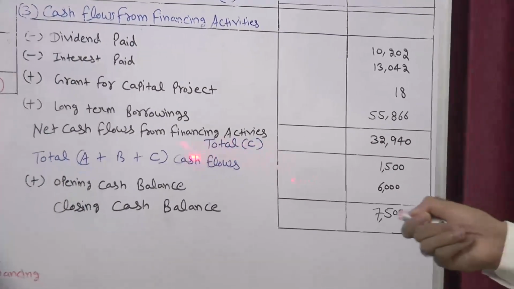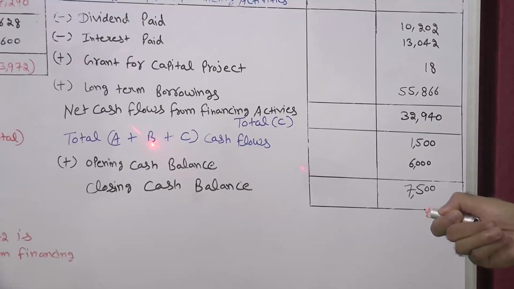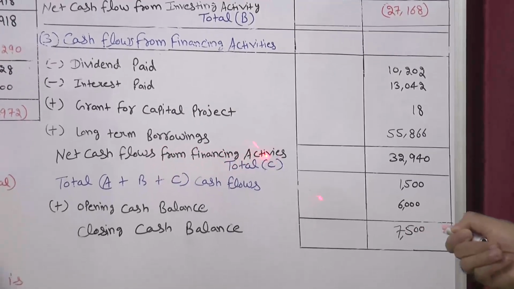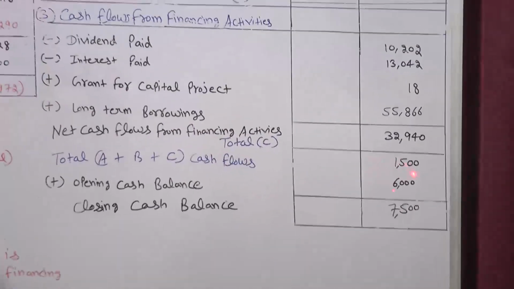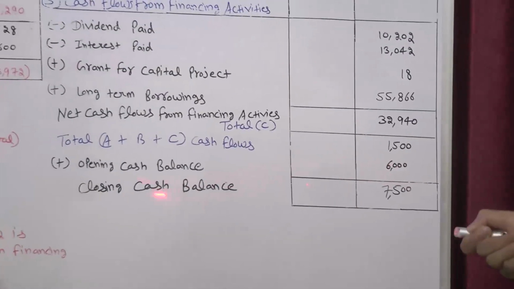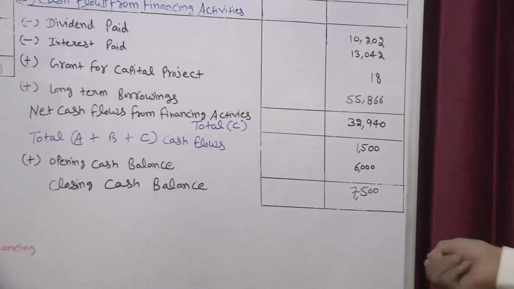Then after adding all of these three activities, that is A means operating, B means investing, and C means net cash flow from financing activities, we get 1,500. Then add opening cash balance 6,000. Finally we get closing cash balance, that is 7,500.